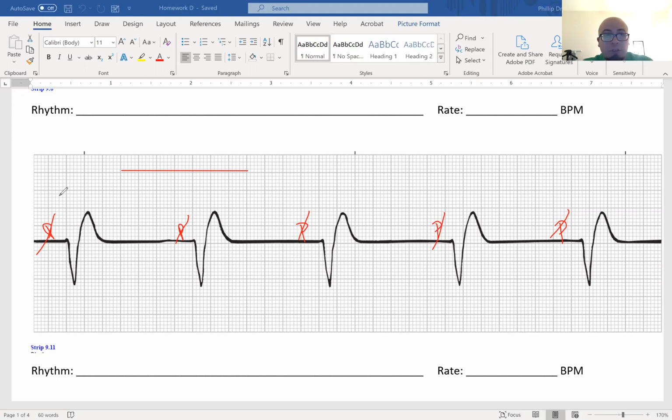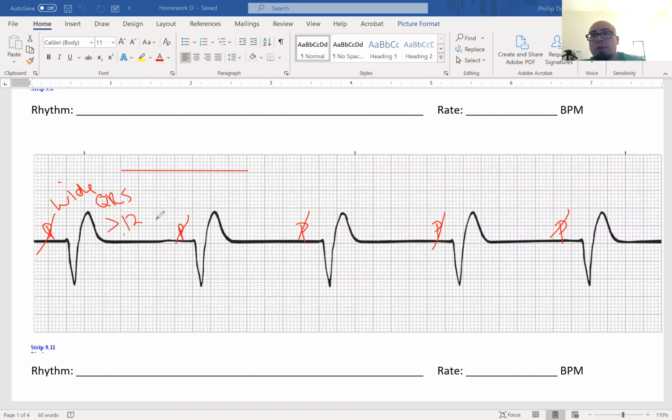But if it comes from the junction, we will have a normal looking QRS, a normal size QRS. And our rate would be somewhere between 40 to 60. And that can change, right? It can be up a little bit, it can be a little bit lower. If it comes from the ventricles, we're going to have a wide QRS, greater than 0.12 seconds.